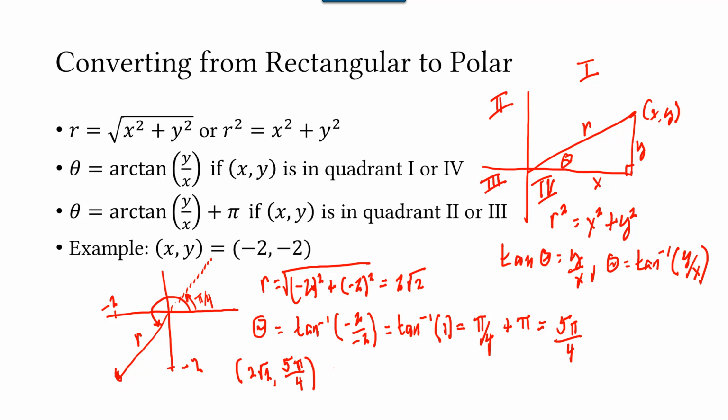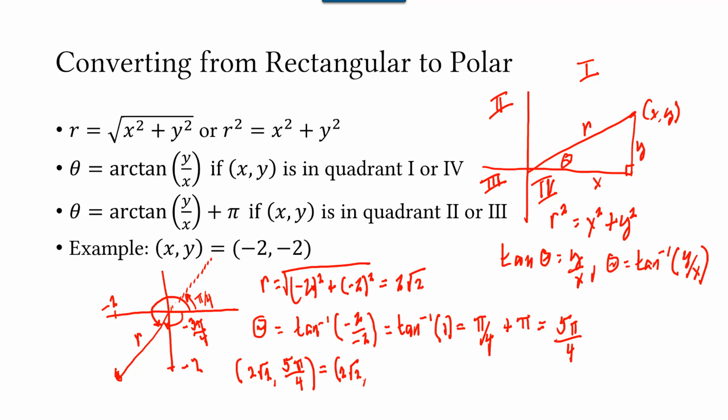Now it might have occurred to you looking at some of these drawings that theta actually is not unique. For example, for this last point, instead of positive 5 pi over 4, we could have taken theta to be a negative 3 pi over 4. And that's true of any point in polar coordinates.